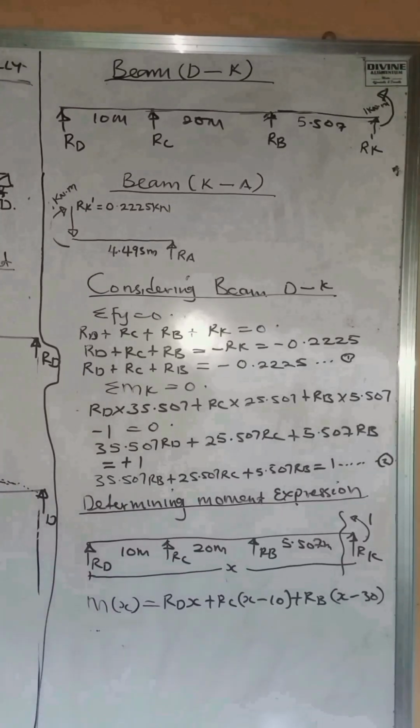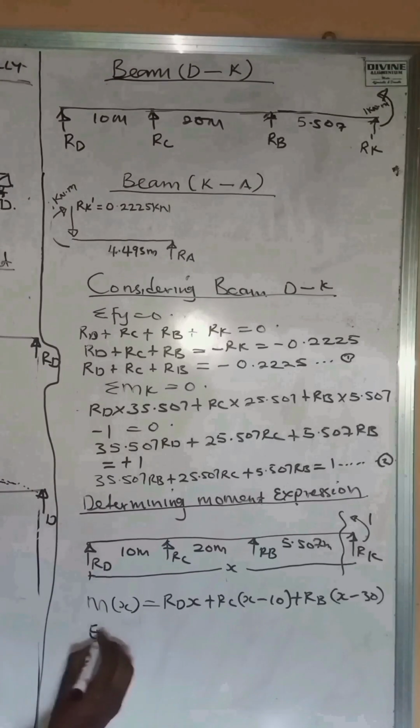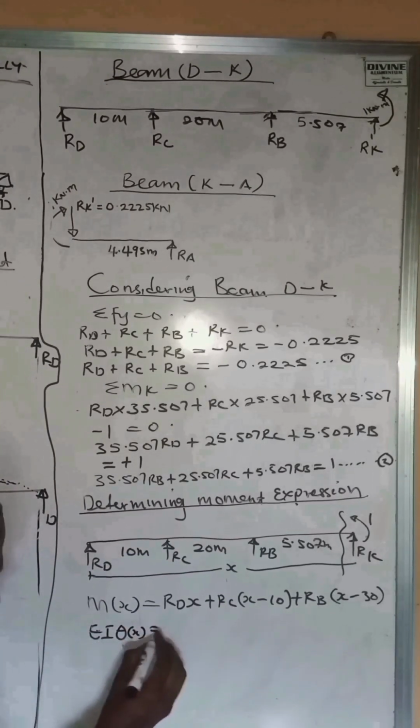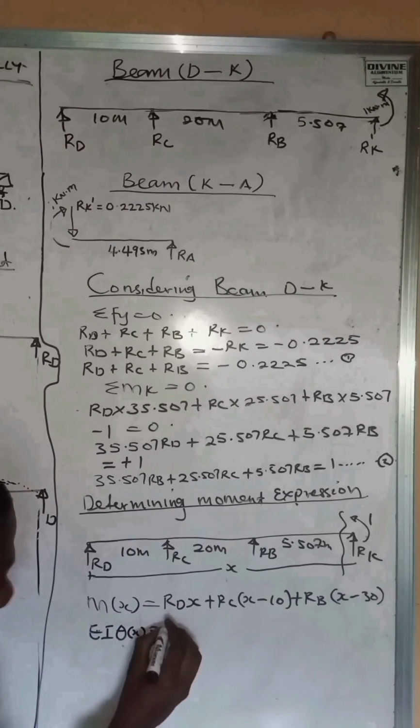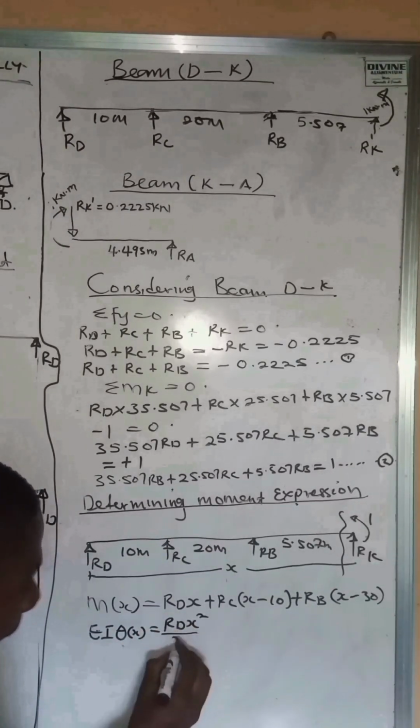Now we have the moment expression. We can get the slope expression and the deflection expression for this particular beam at that section BK. So for the slope expression, we have the flexural rigidity. Slope is a function of x, so we have it integrated.